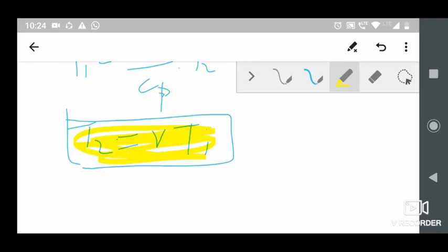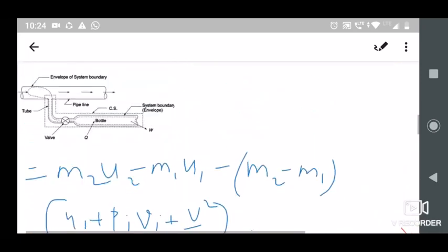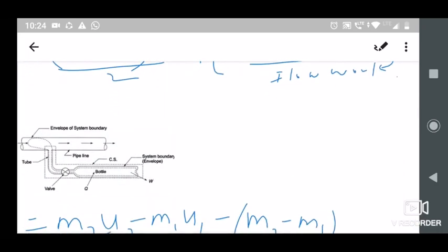Let us try to apply this with one example, so that you will understand what this exit temperature relation is and why we are going with it. Let us take the figure. Here let us take a case where you have a bottle which is fixed.